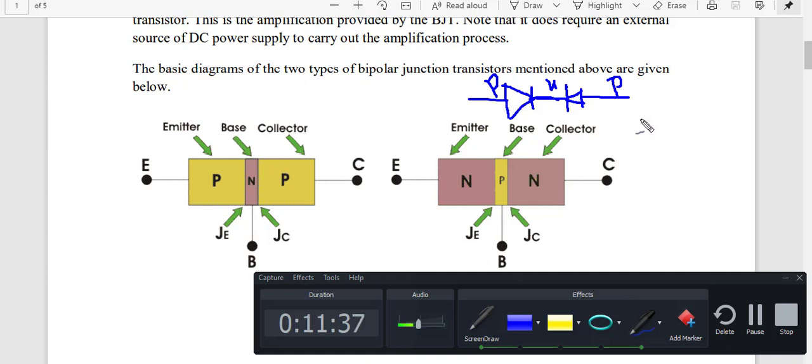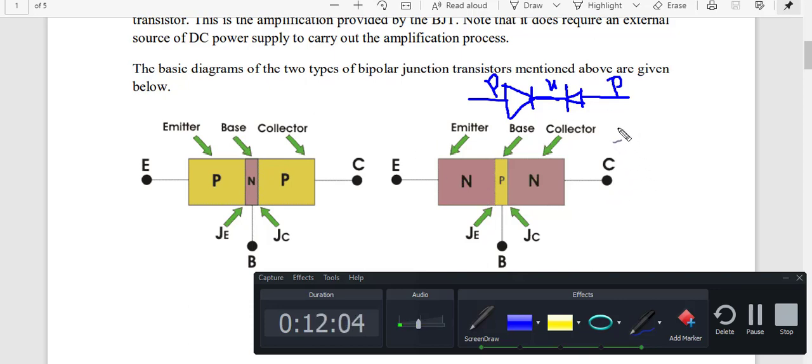Now if you connect these two diodes back to back, then what happens? When you have positive voltage, the diode will be forward biased, so current will flow through this. But again when the voltage comes to this side, so this is negative, that means current doesn't flow through the overall circuit, so it will be blocked.